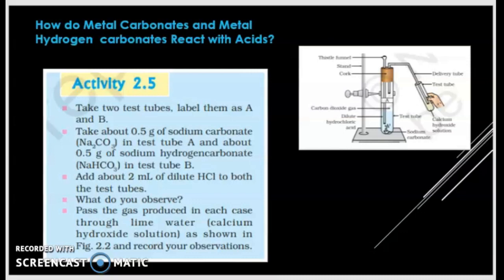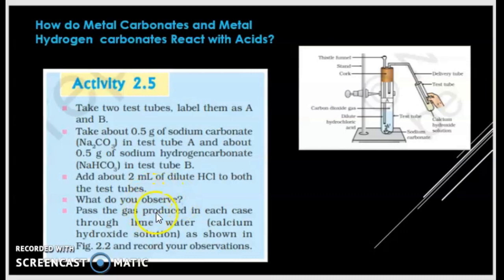It says to take two test tubes and label them A and B. So you have two boiling tubes, and take about 0.5 gram of sodium carbonate, that is Na2CO3, in test tube A, and about 0.5 gram of sodium hydrogen carbonate, or sodium bicarbonate, NaHCO3, in test tube B. Now you add 2 ml of dilute hydrochloric acid to both test tubes, test tube A containing sodium carbonate and test tube B containing sodium bicarbonate.